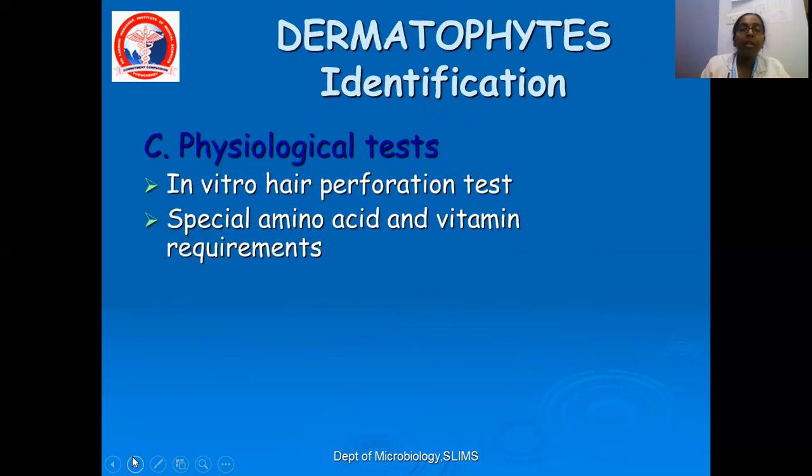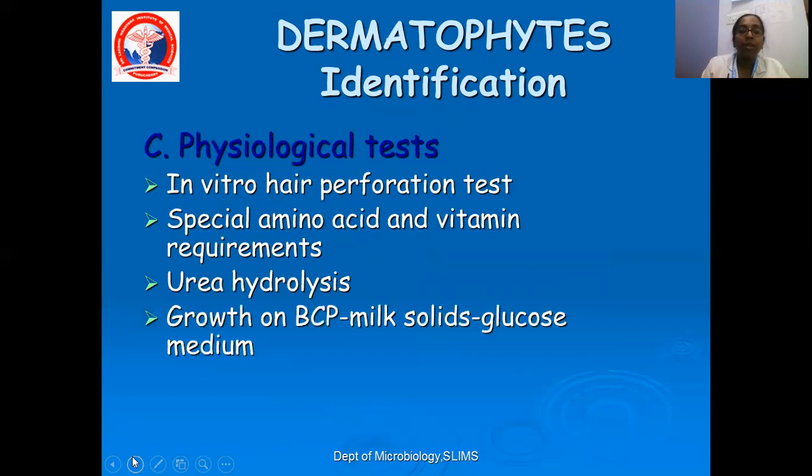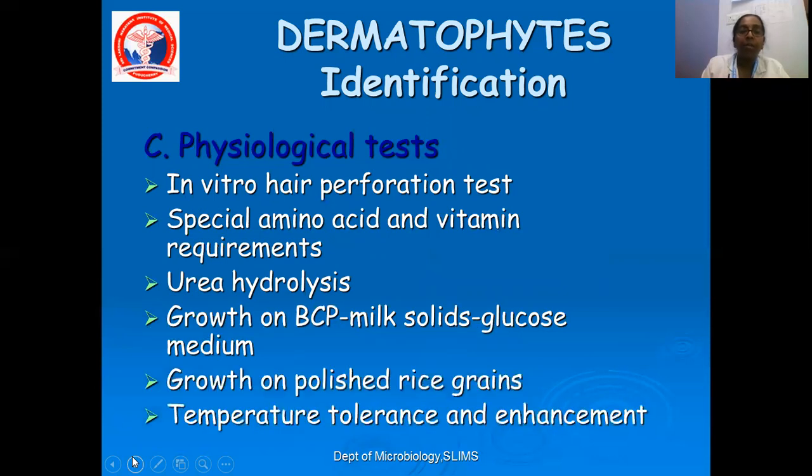The physiological tests which we do are in vitro hair perforation, special amino acid and vitamin requirements, urea hydrolysis, and growth on milk solid glucose medium. These are special tests, but they are not used nowadays.